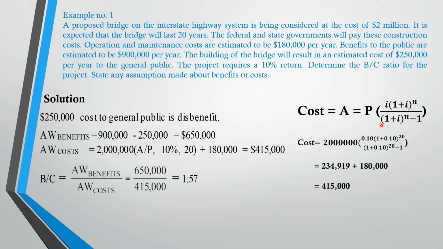We use this equation or formula to get the $415,000. Next we solve for the basic benefit cost ratio, which is our benefits $650,000 over $415,000. So our final result is 1.57. So the project for this statement is advantageous.